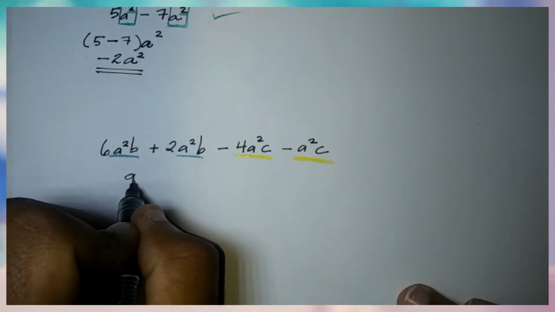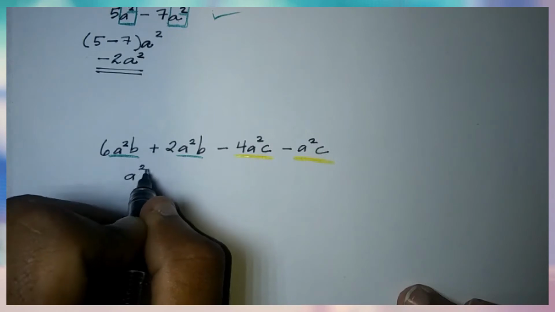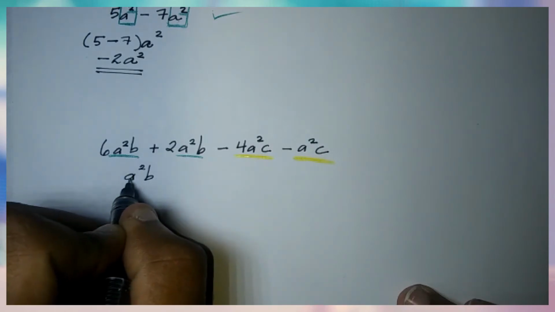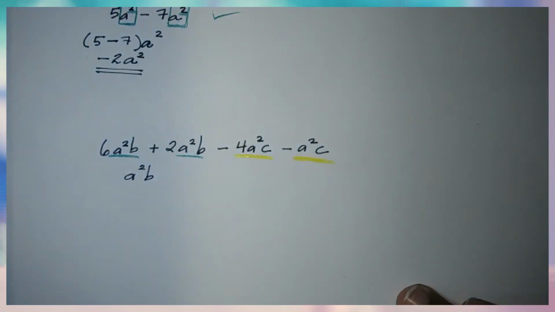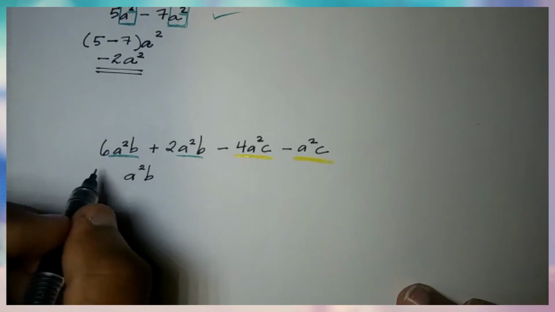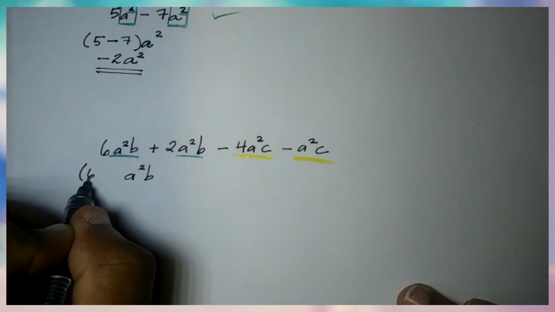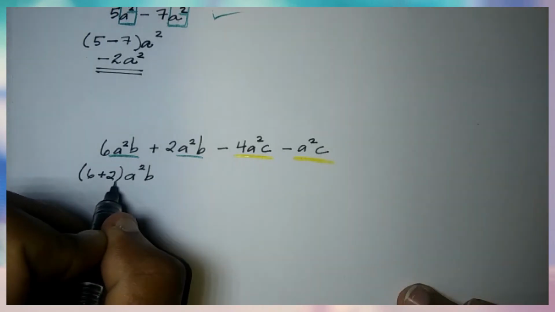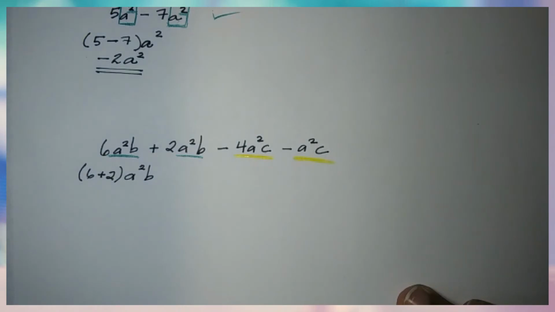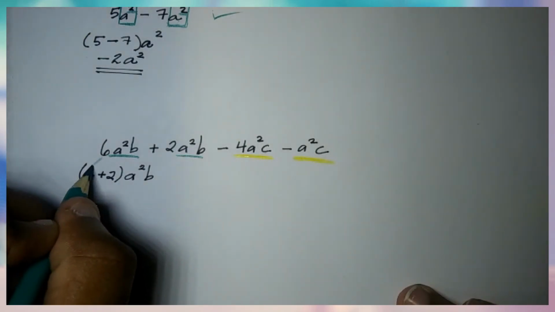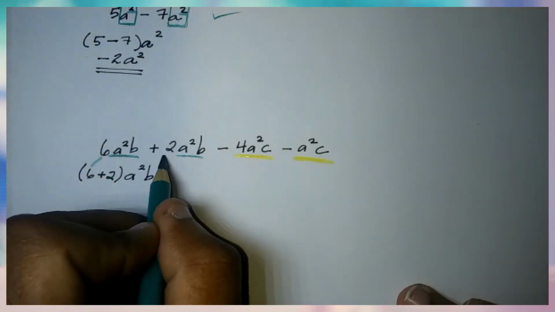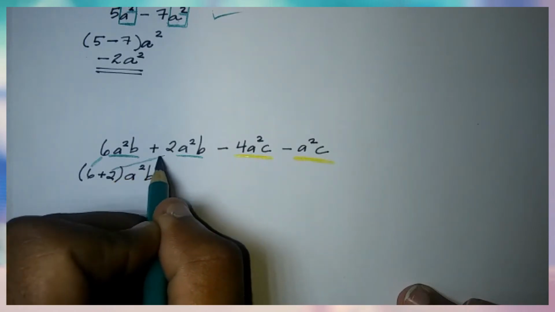Keep back my variable, raised to the same power. So I have a squared b, and then I will put the coefficients together in brackets in front of the variable or the term. So I'm going to have 6 plus 2. So let me show you now. This 6 comes from here, and this plus 2 comes from here.